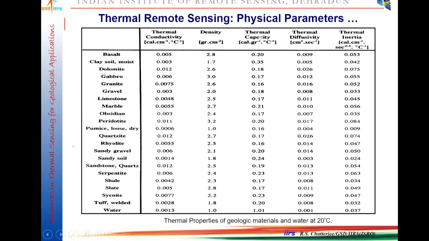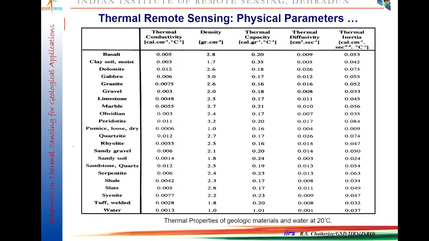Thermal capacity is basically a combination of two; it is a product of the density and thermal conductivity. Now thermal inertia is very sensitive and it is very different for different rock materials, and that can be used to characterize the different terrestrial rock materials.